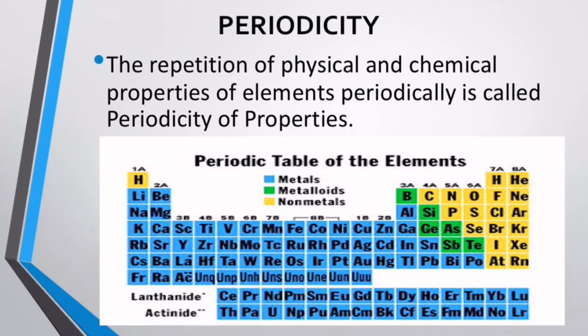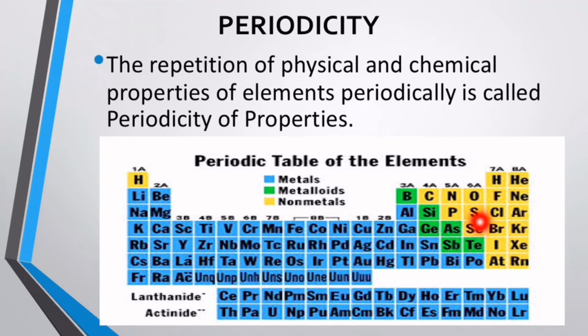Periodicity. The repetition of physical and chemical properties of elements periodically is called periodicity of elements. So it is the last content of our topic, that is periodicity, and this definition is explained by looking at the picture that is attached here. As you can see, on the left hand side of this table, hydrogen till francium.